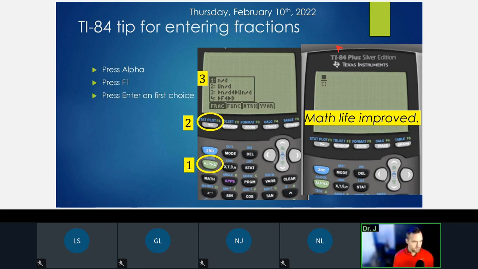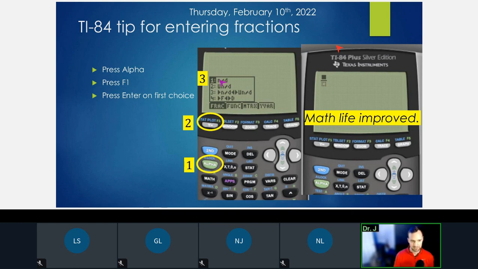Those of you who have a TI-84, or maybe an Inspire, though I don't think many of you do. Last year quite a few people had the 84, so that's why this is in here. Rather than use the division button, there's a fraction button: hit the alpha key, then F1, and you get a little pop-up.